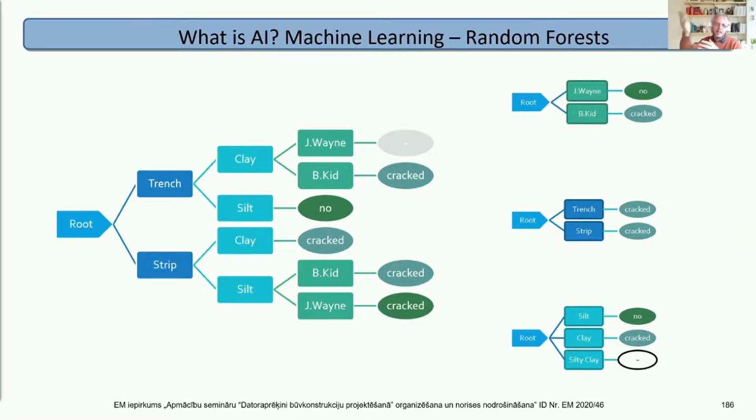So in this example I made for a paper recently, there is some cracking, and there's some things that come from trench fill, some things on different ground conditions, some different contractors, and so on. We can create these state trees from the data we've recorded, and then say, well, how might this affect new cases?